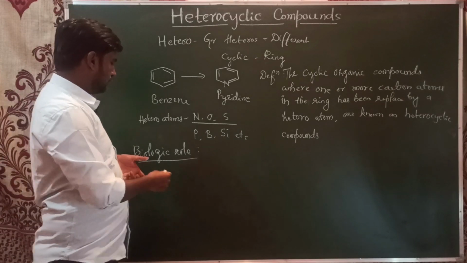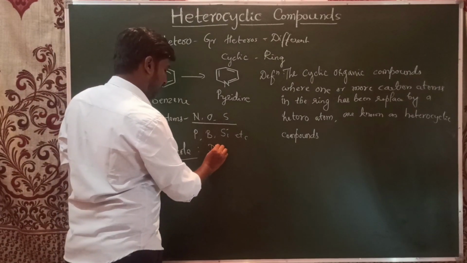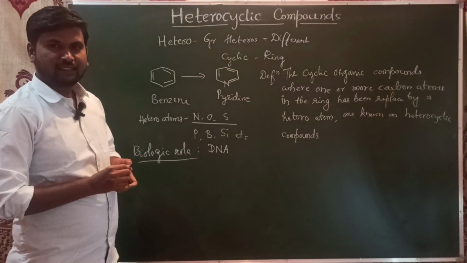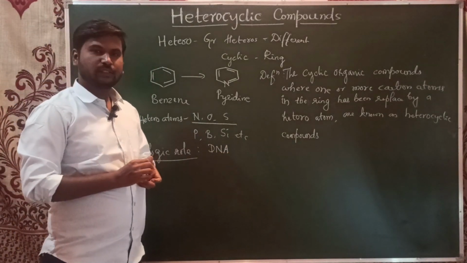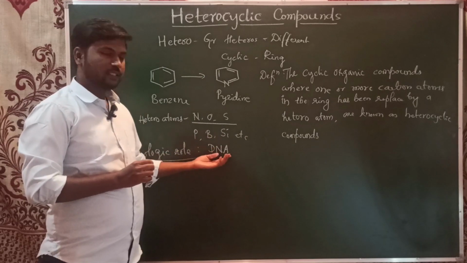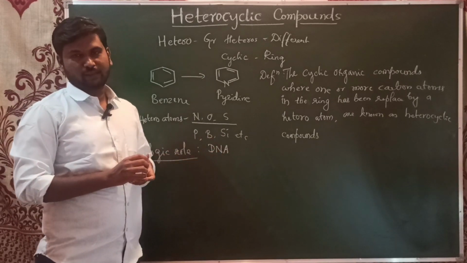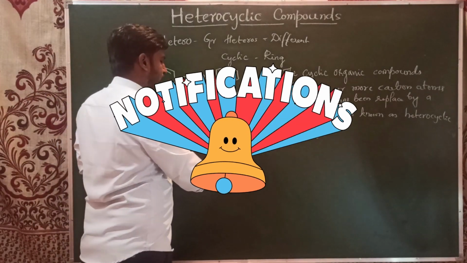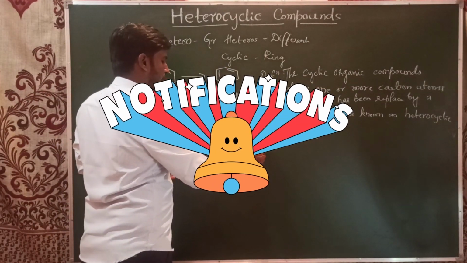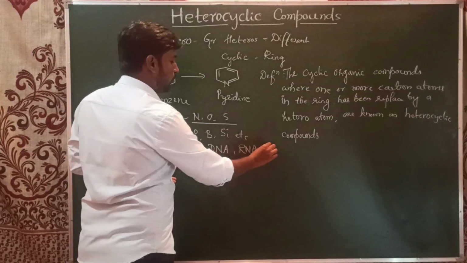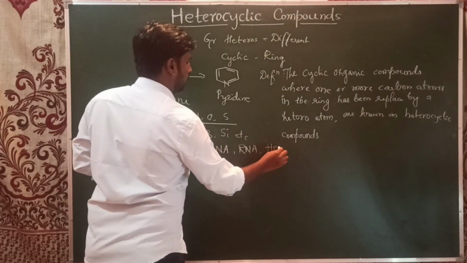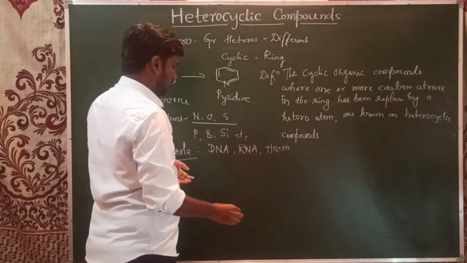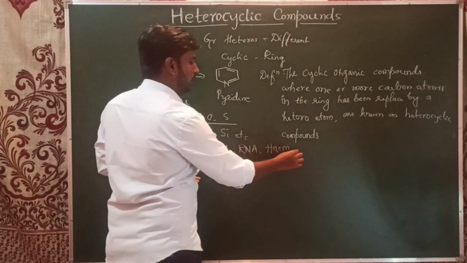For example, they are present in DNA. Adenine, guanine, thymine, cytosine, and uracil, our nitrogenous bases, all contain heterocyclic compounds, in DNA and also in RNA, in heme of hemoglobin, and also in chlorophyll in plants.